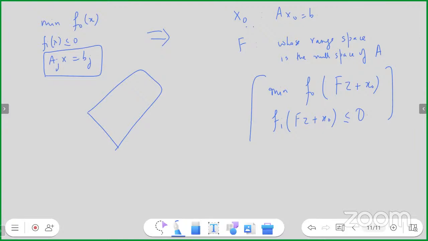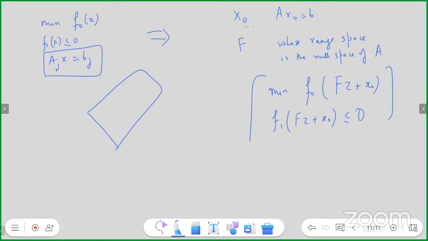Why are they equivalent? F z lies in the null space. So in that case, A times (F z plus x naught) will also still be b.